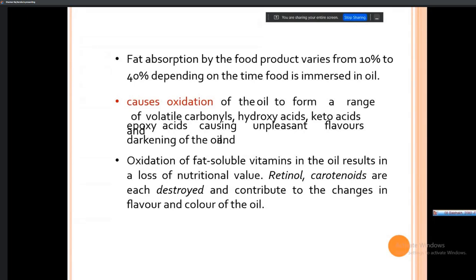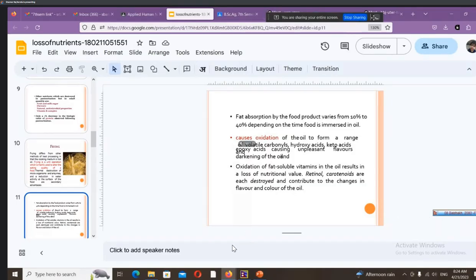And later, the oxidation of fat soluble vitamins in the oil results in a loss of nutritional value, and the retinol and carotenoids are each destroyed and contribute to the changes in flavor and color of the oil. Frying the food also disturbs the food value of the oil itself.